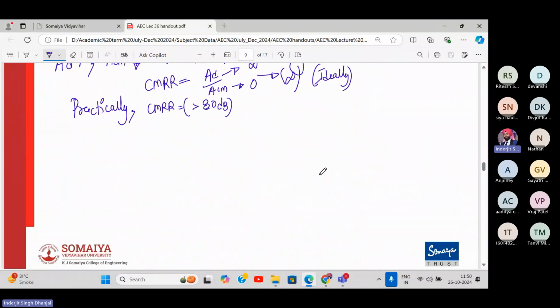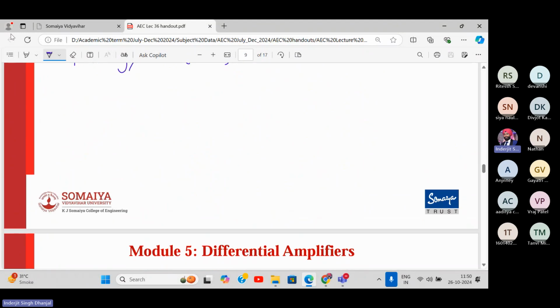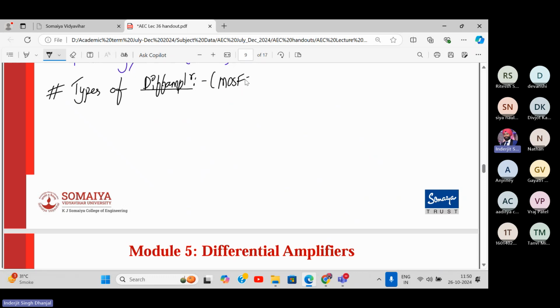Now we go for types of differential amplifier. So write down types of differential amplifier. Basically there are four types of differential amplifier. We are only discussing MOSFET based differential amplifiers.